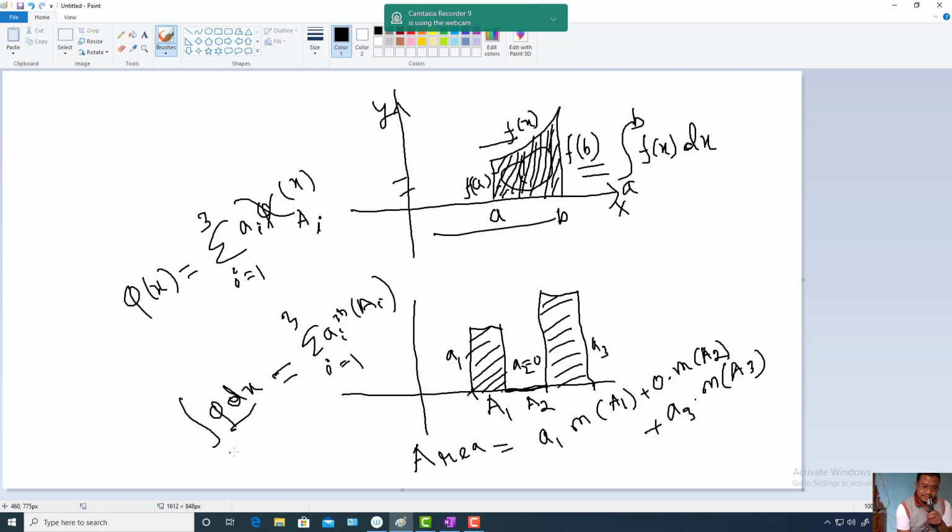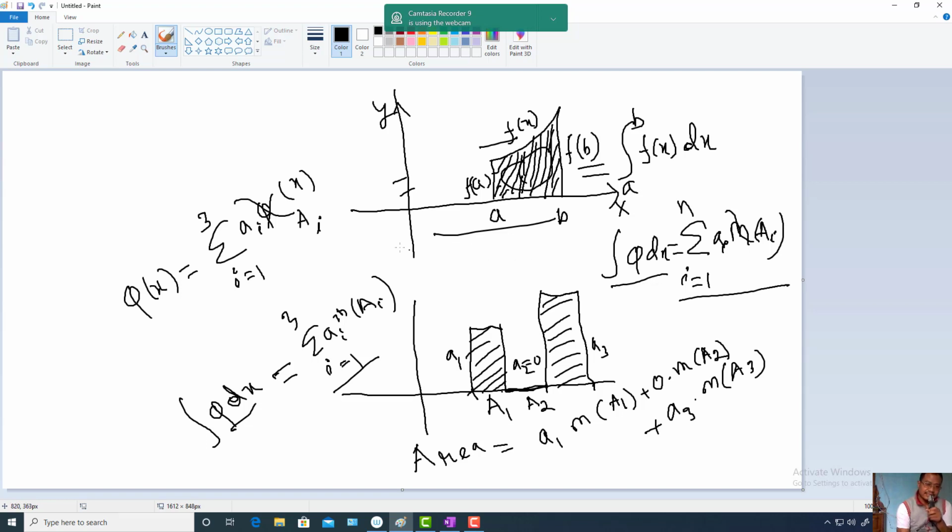So the integration of this simple function is given by this sum of areas. In general, if the simple function takes n values, then the integral of phi dx is the summation, i running from 1 to n, of a_i times the measure of A_i.